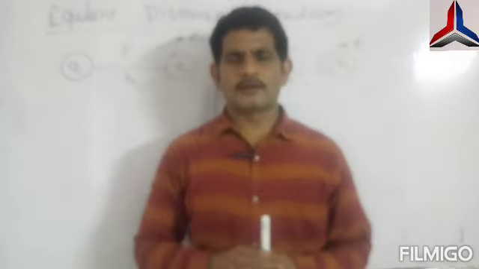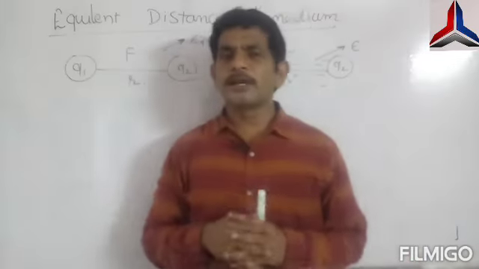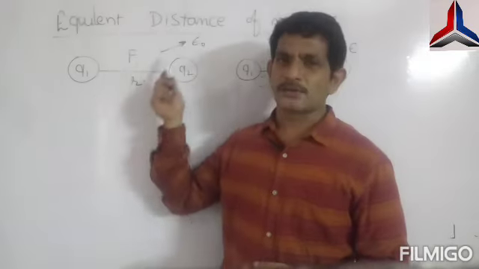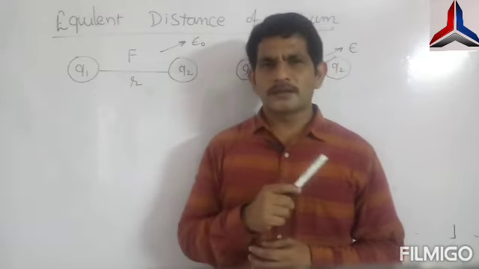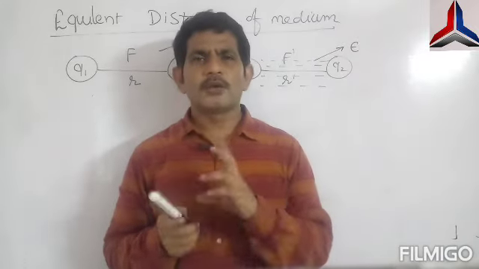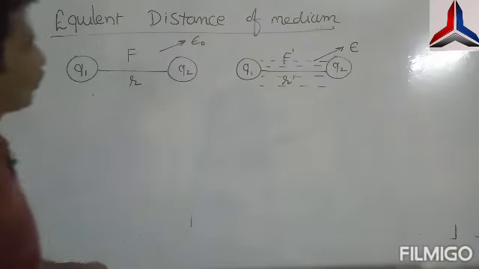I think you know very well the force between two charges depends upon the charges, the distance as well as the medium. In the given case, the topic is the equivalent distance of the medium when compared to air. Suppose, for example, I will explain what it is.